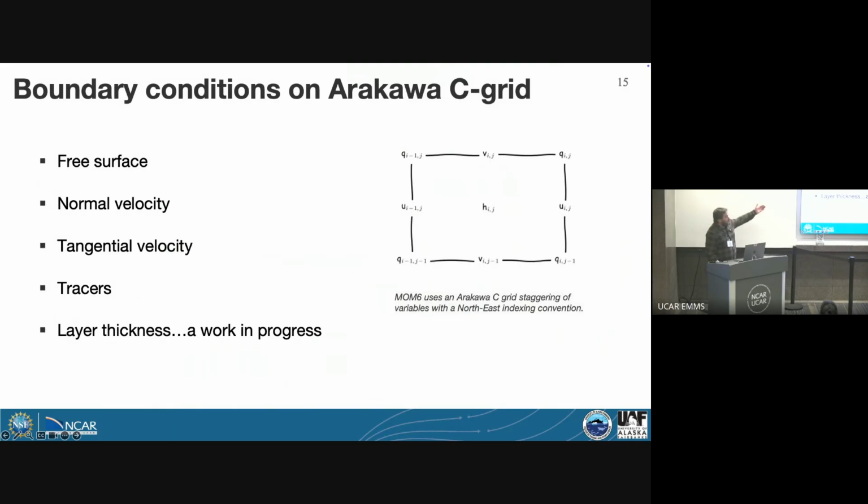Then you provide tracers, so the minimum is typically temperature and salinity, but if you have BGC, you will have a lot more. We also heard a few times already that with MOM6 there are layer thicknesses, and this is a work in progress. That's why you heard yesterday that MOM6 regional can only be run with the Z-star vertical coordinate, and I will add more on this later.